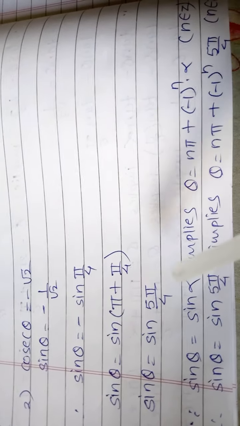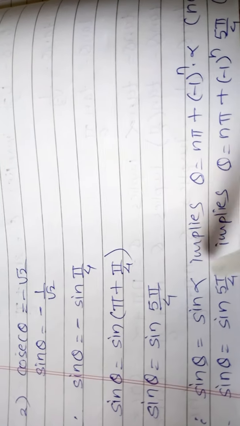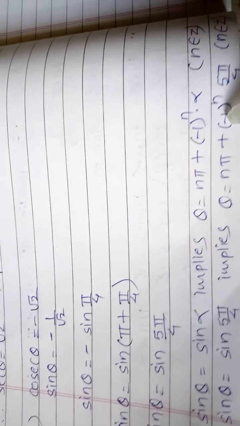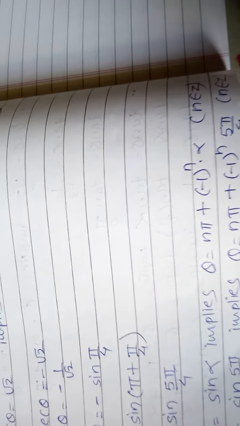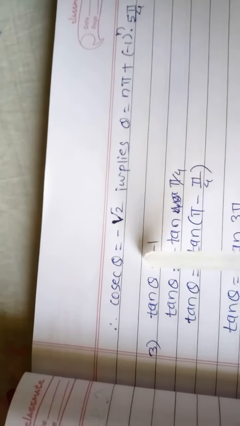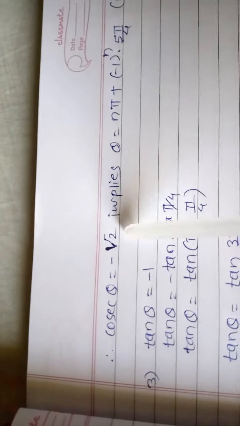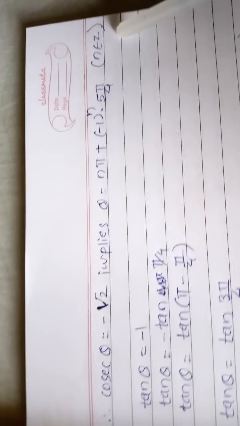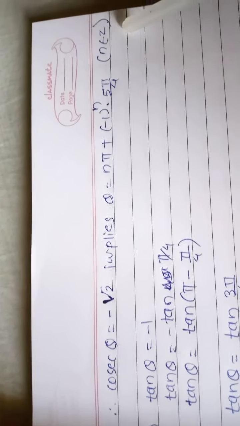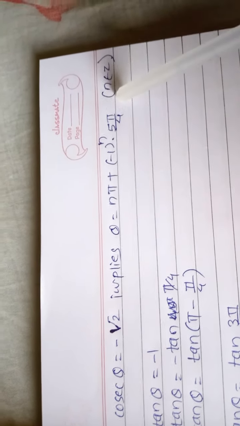So sin theta is equal to sin, here the value of alpha is 5 pi by 4, which implies that theta is equal to n pi plus minus 1 raised to n into 5 pi by 4, where n belongs to z. And now we have to write down the example as it is, that is cosec theta is equal to minus root 2, which implies theta is equal to n pi plus minus 1 raised to n into 5 pi by 4, where n belongs to z.